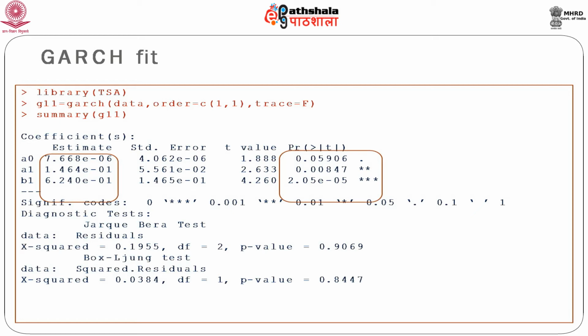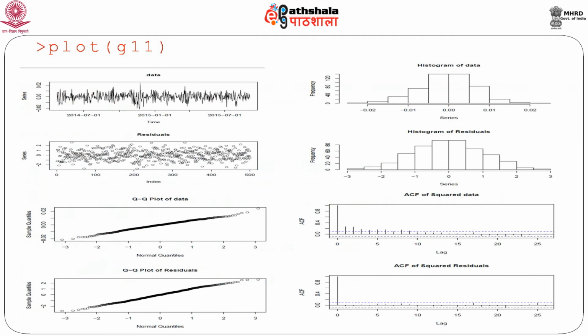So these are the main pieces of information that you might look for. If you just want to see the diagnostic plots, very easily they can be generated. Just pass the g11 object, the GARCH object, within the plot function, and every time you hit enter, it will generate a different type of plot. In the first plot you will see the raw data, and then the residual. The residual is showing quite randomly scattered over the 0 line. Then it will generate the histogram.